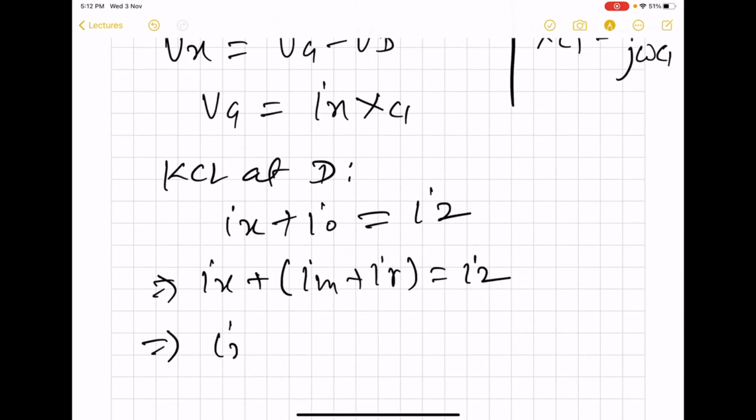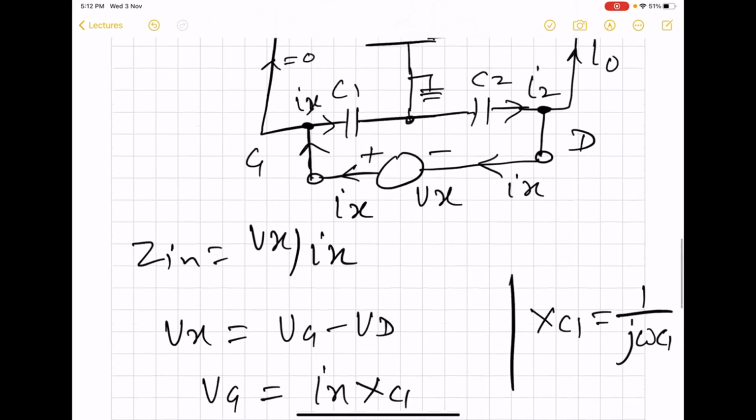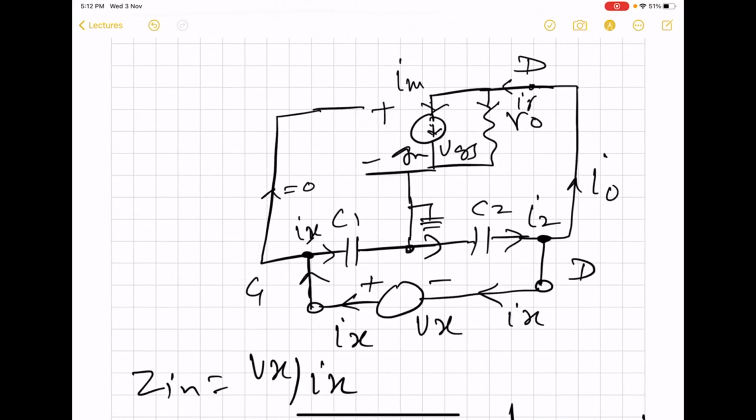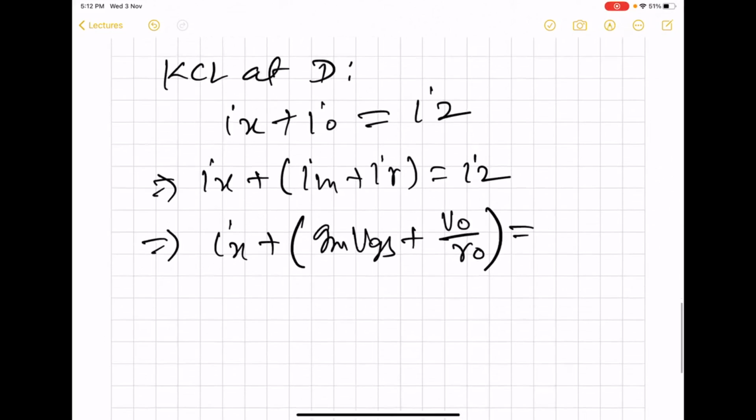Now we can replace these currents. So IM is gm VGS, IR is the current through R0, which is VO divided by R0, and I2 is the current through the capacitor. So this end is at VO, this is at 0 voltage. So I2 is minus VD by XC2.